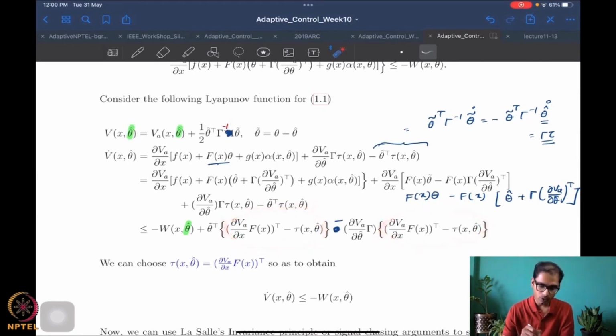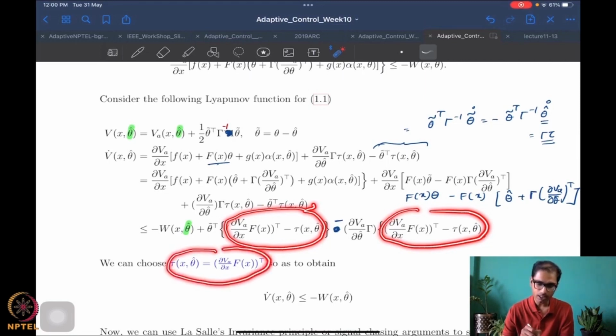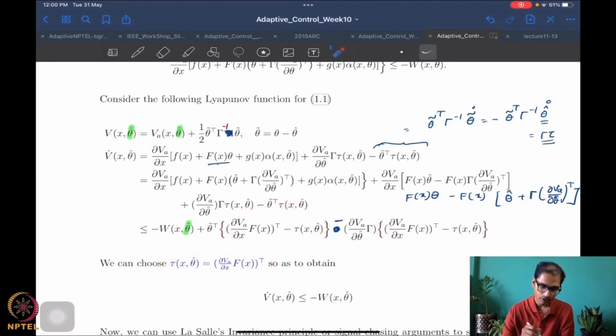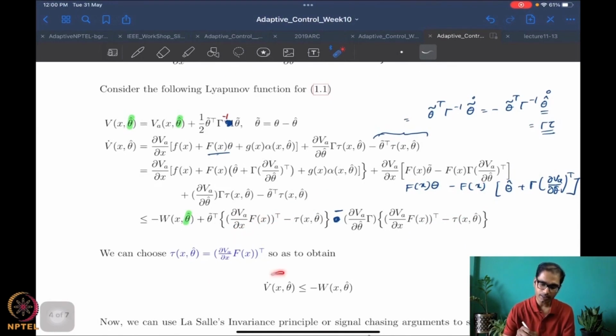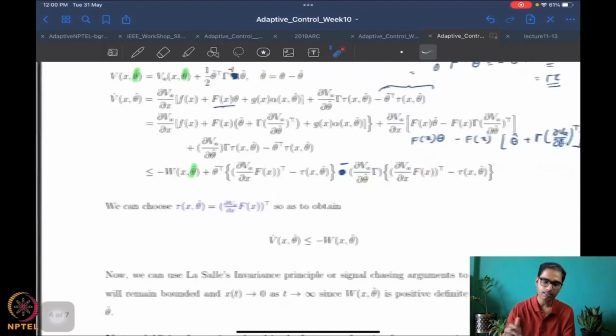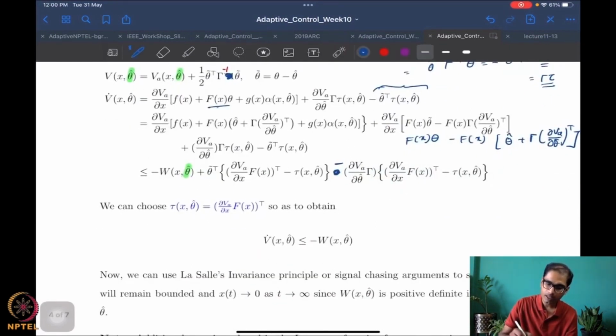So if I choose my tuning function as this quantity, both of these non-definite terms go to 0, right? So if I choose tau as this guy, then this goes to 0 and this is 0, right? Both of these become 0 and I'm left with V dot of x, theta cap less than or equal to minus wx theta cap, which is now only semi-definite.